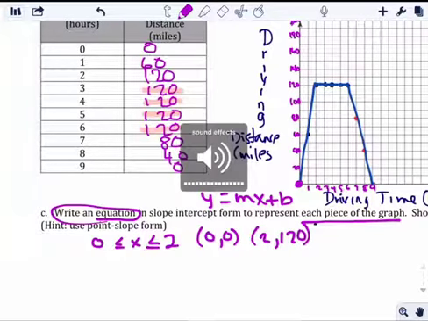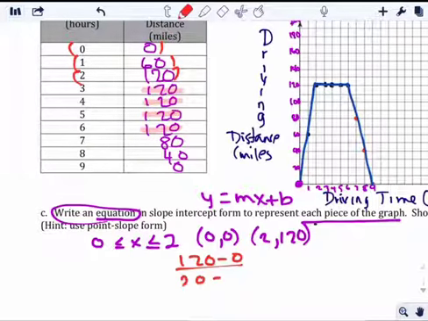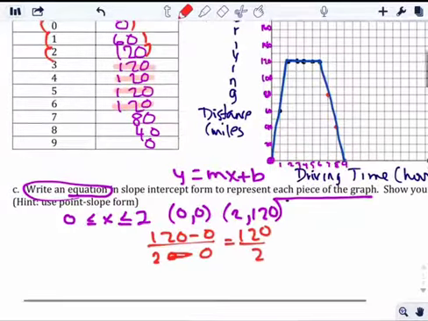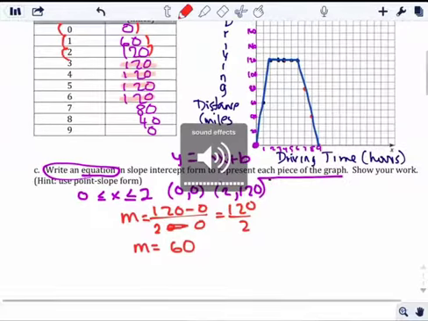If you don't know that the slope is 60, you can find it: 120 minus 0 over 2 minus 0 equals 120 over 2. m is then 60 miles per hour. It's y2 minus y1 over x2 minus x1. From there you go.